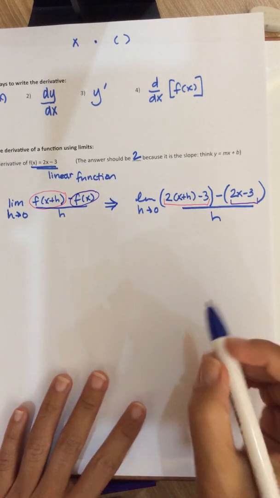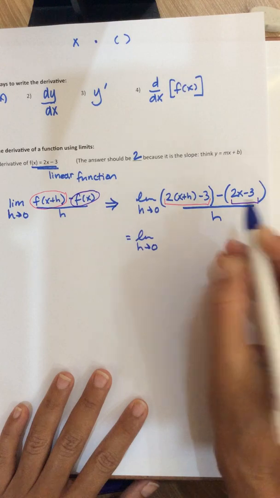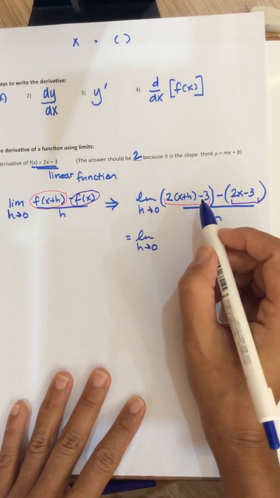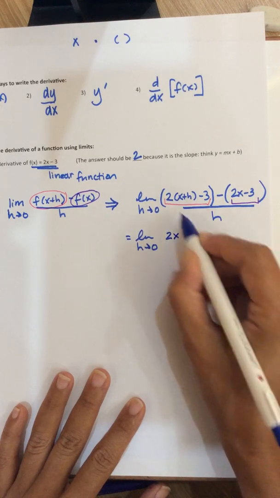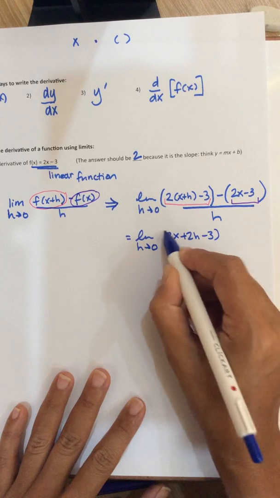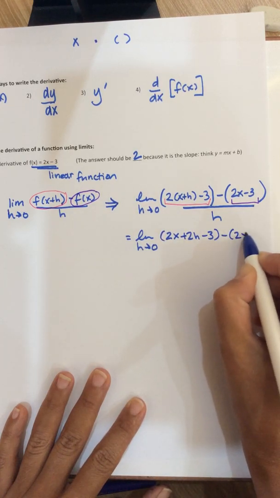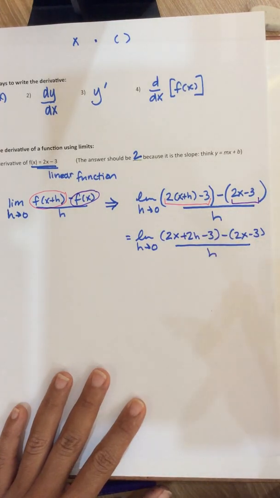Now let's simplify that. So this equals the limit as h goes to 0 of, well, let's multiply this out. 2 times x plus 2 times h minus 3, all of that take away 2x minus 3, still over h. All I did was distribute the 2 there.